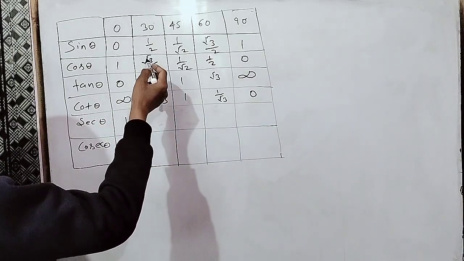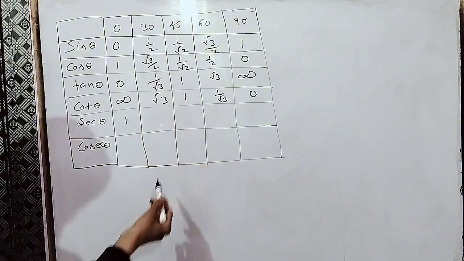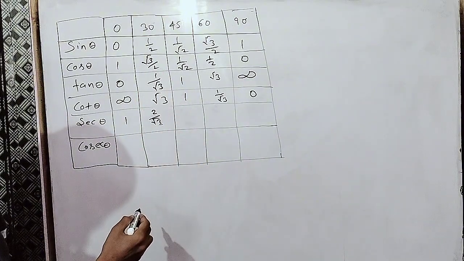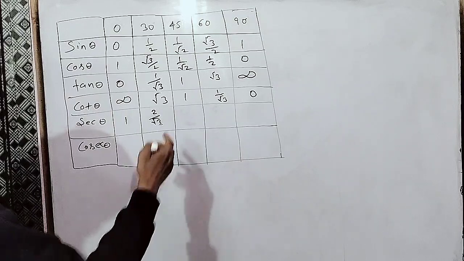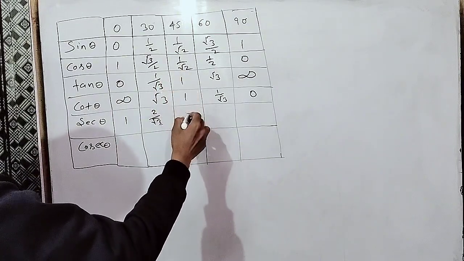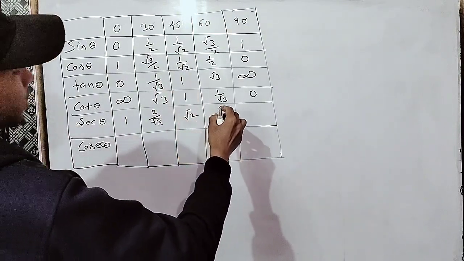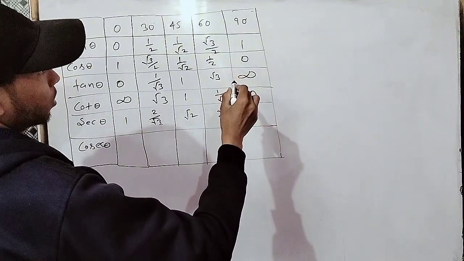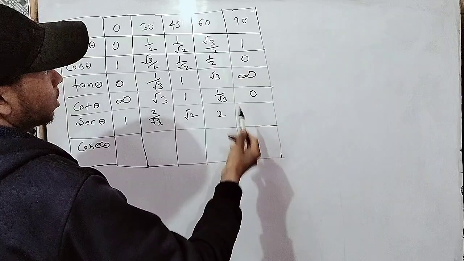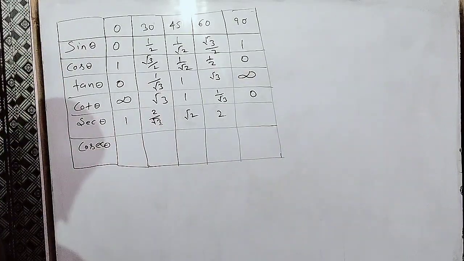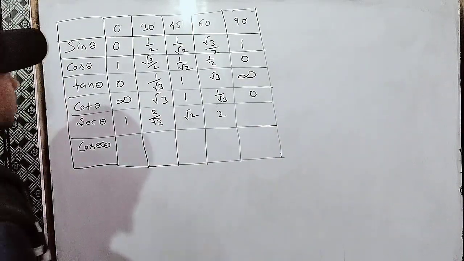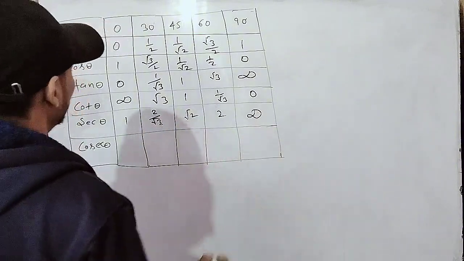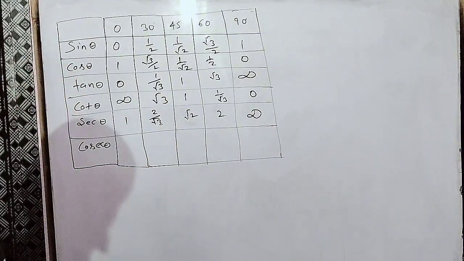And then the opposite of root 3 by 2, then the opposite, then 2, then the opposite of 0, which is infinite.